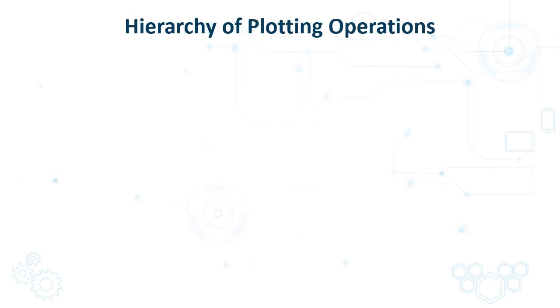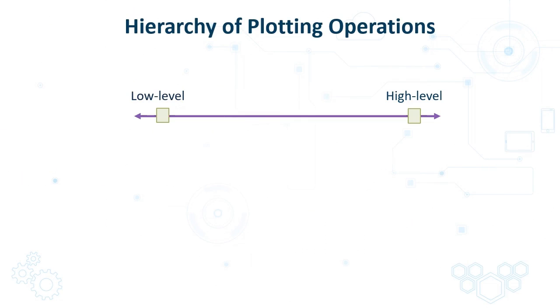So with all this talk of high level and low level, it makes sense to clarify what exactly is meant by those terms. For example, at the low level, your instructions may be of the form draw this curve, and the curve will be part of a much bigger plot. But when you're working at the higher level, you simply provide the data and then give an instruction such as use this data to plot a histogram.